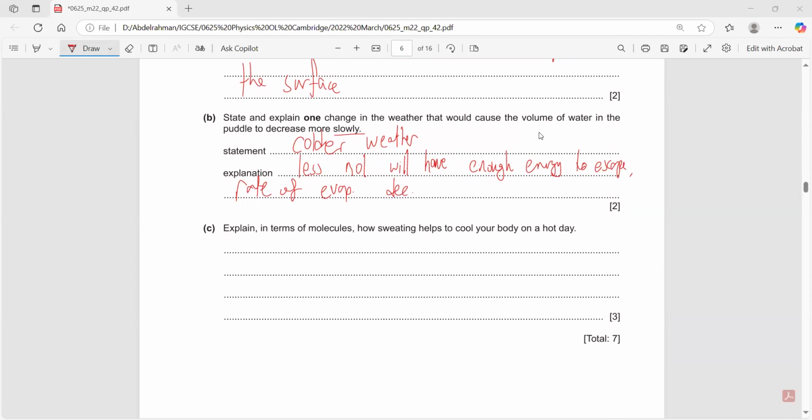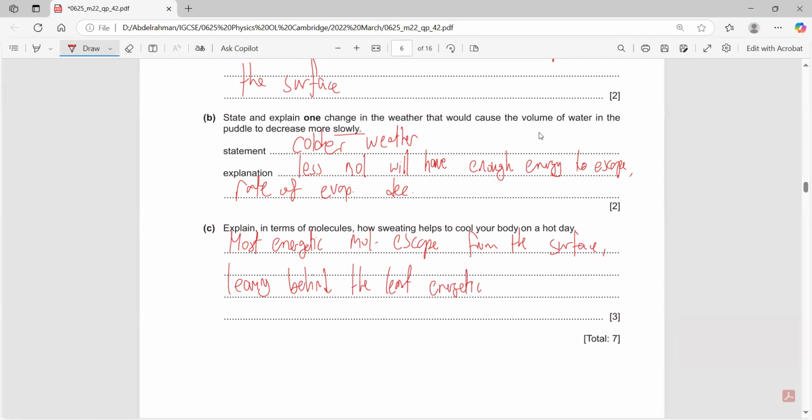Leaving behind the least energetic molecules, causing a cooling effect, decreasing the average temperature of the body.